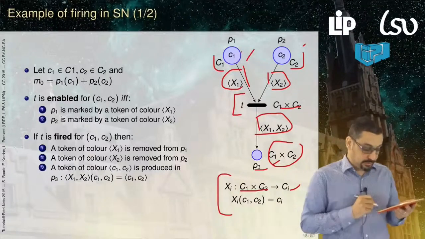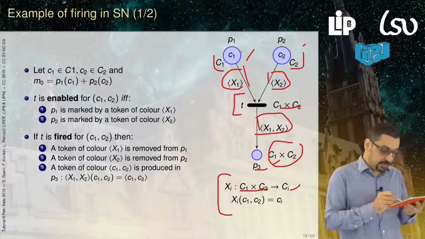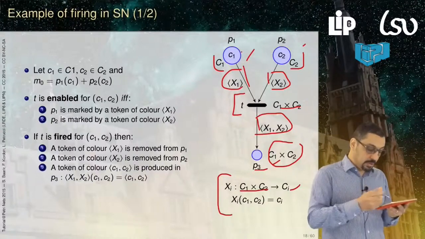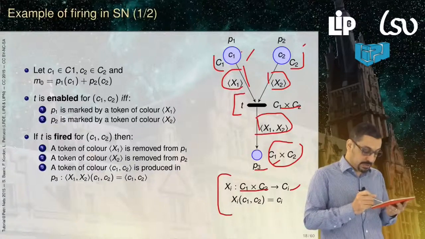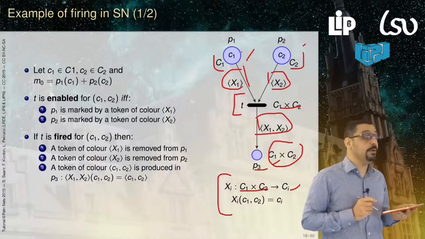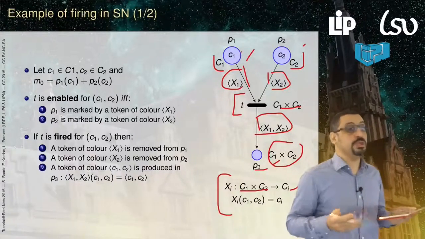I just factorized the representation and made it xi. But actually, the x1 function is C1 cross C2 to C1, and it's simply a projection function.